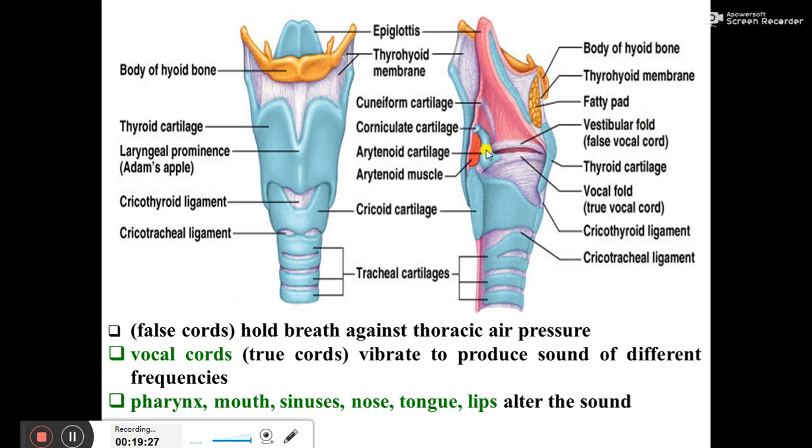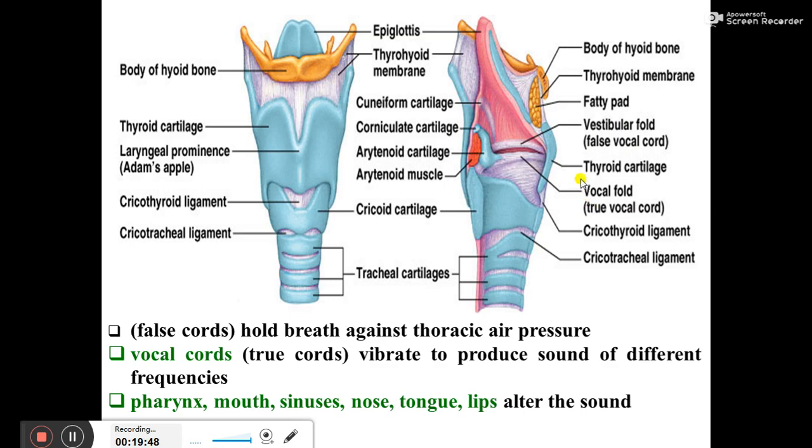Next, this is the structure of the larynx. False cords and true cords are present in the larynx. What are false cords? You can see true vocal cords, and these are false vocal cords, which are the vestibular folds.